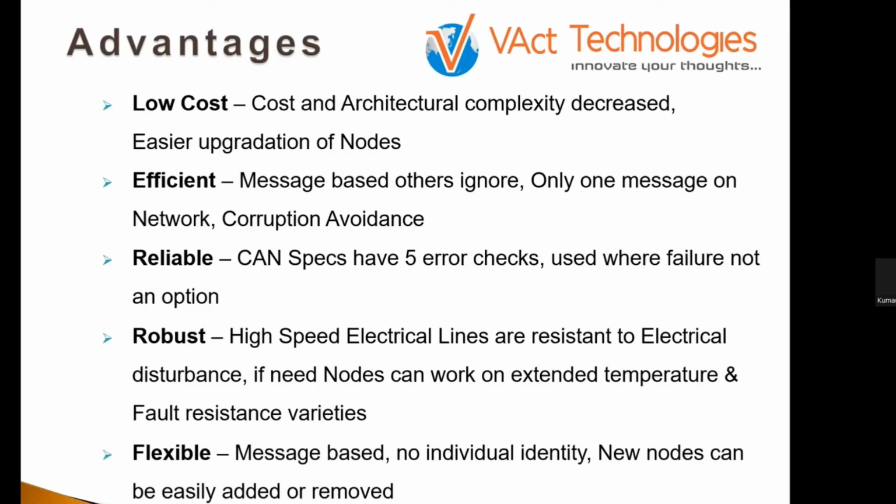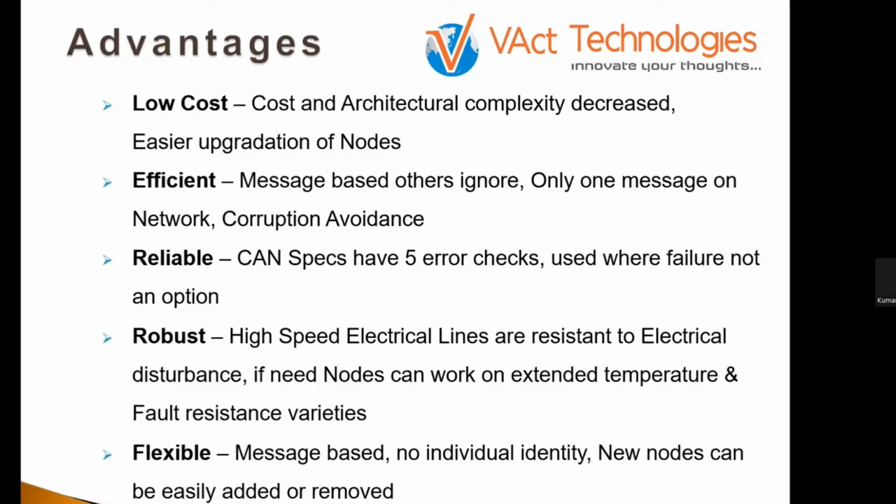Okay, and it is flexible. It is very flexible because it's message based. It doesn't have an individual identity. For example, today if it is called Kumaravel, and tomorrow it's Pujari, then replacing Kumaravel with Pujari or Pujari with Kumaravel is very difficult. But here it's all message based.